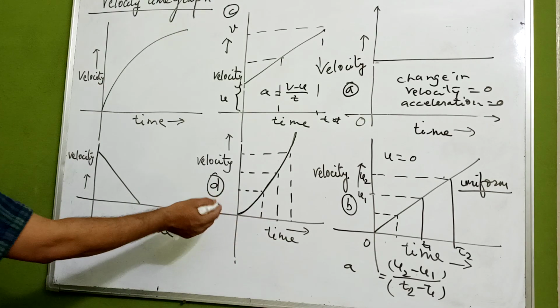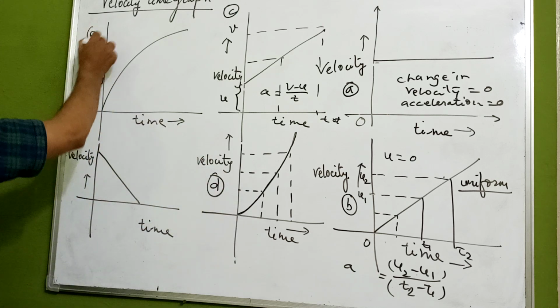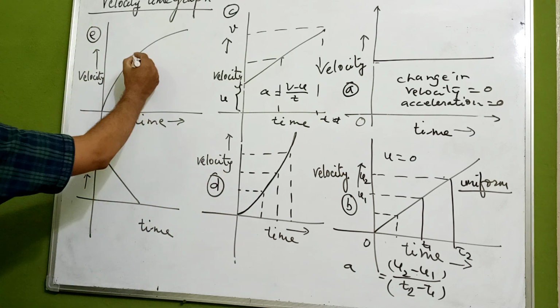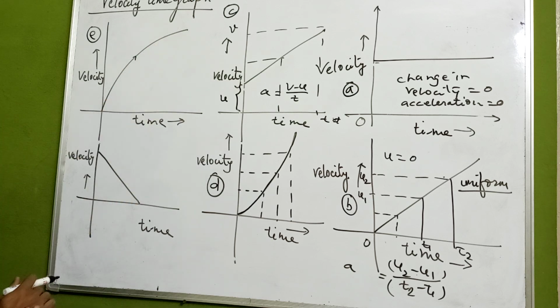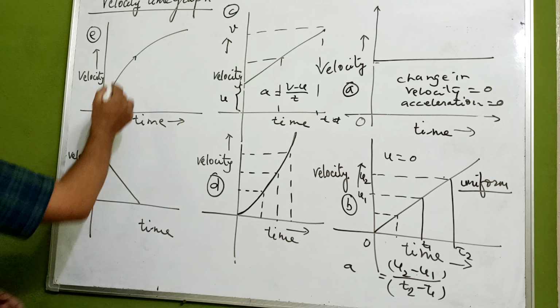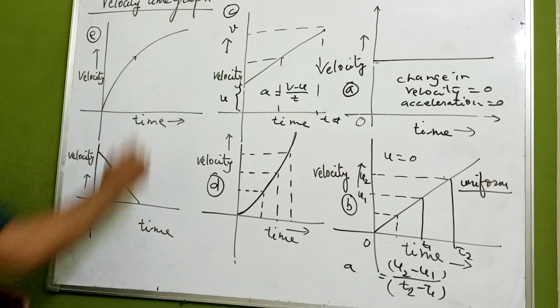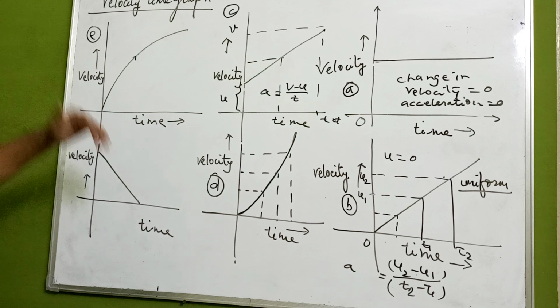Now we'll go with the next case, that is E, with velocity and time. Now there is a decrease in the velocity with respect to time. So we can say it is a deceleration, or negative acceleration. There is a change in velocity in the negative direction.